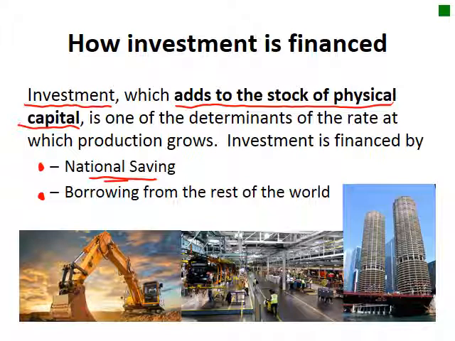Now we're really going to emphasize this national saving component, especially when we go to developing countries. It's very hard for developing countries, for a lot of the population, to save because they're spending a lot of their money on what they need to get by in terms of food and housing and so on.